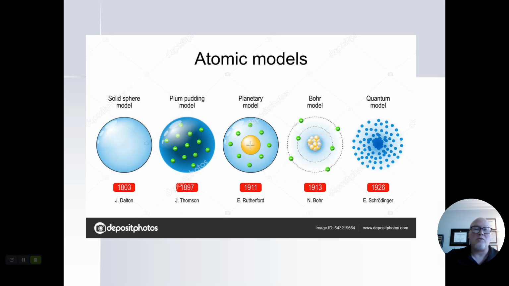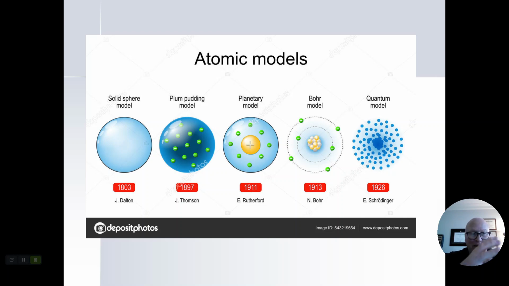Then moving forward, J.J. Thomson saw an atom as being a sphere, but it had little negative particles all through it because he had discovered electrons. So he knew that he had these negative particles inside what would be like, think of a blueberry muffin.